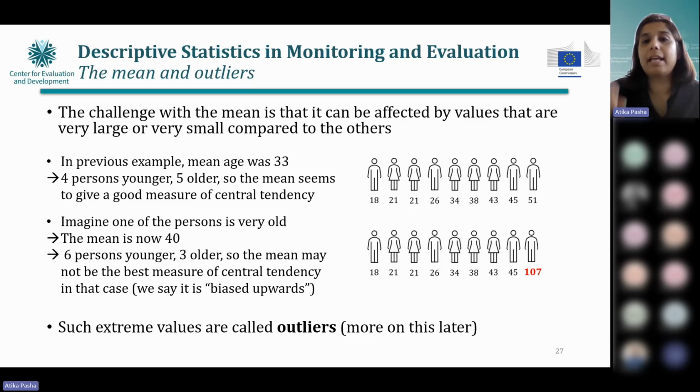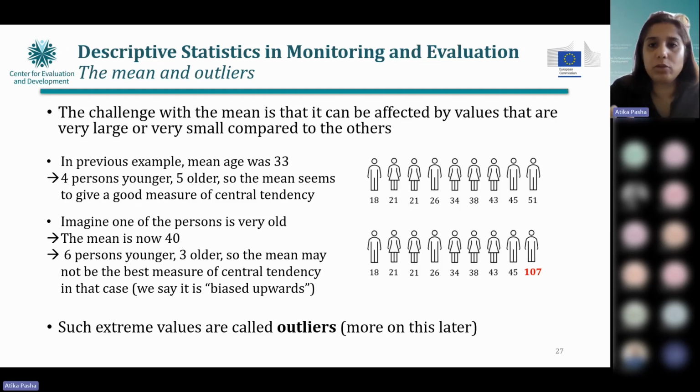The problem is that if you had one or two or some values that are lying extremely outside of the scope compared to the remaining values, or are very far away from the remaining values, it implies that your mean is sort of affected or biased by these very large or very small values compared to the others.